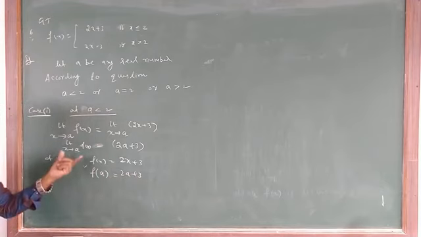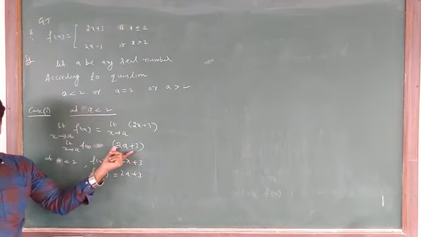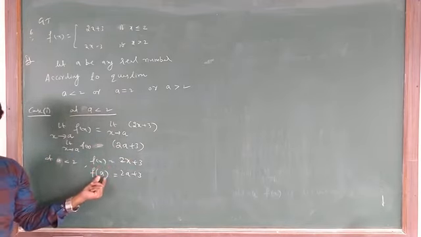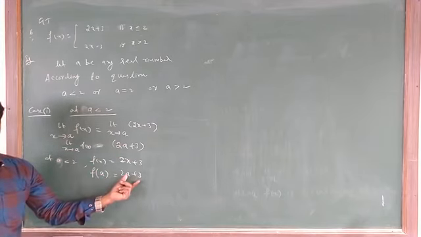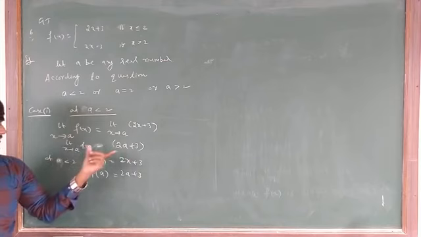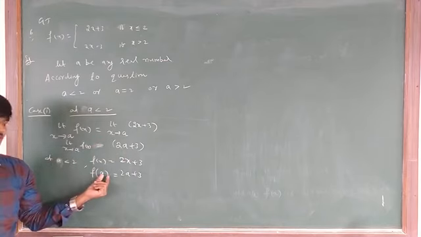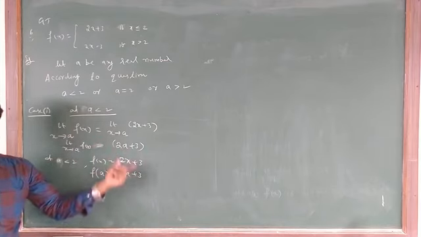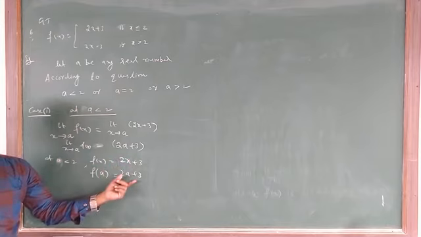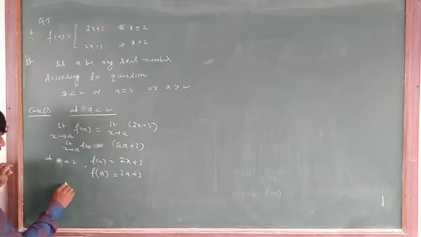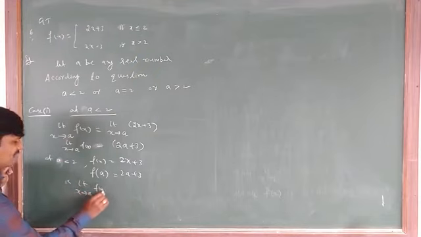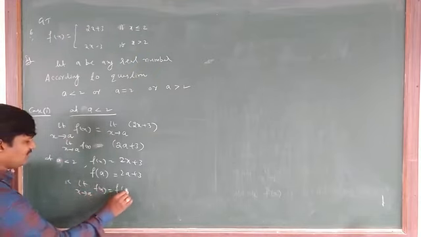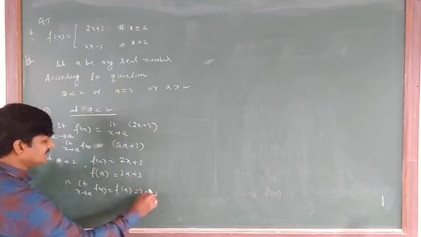The limit value we got is 2a plus 3 and f of a is also 2a plus 3. Both are the same. So limit x tends to a, f of x is equal to f of a, which is equal to 2a plus 3.